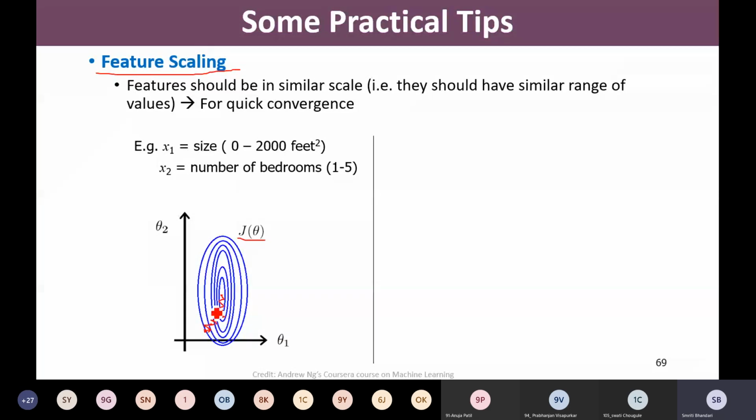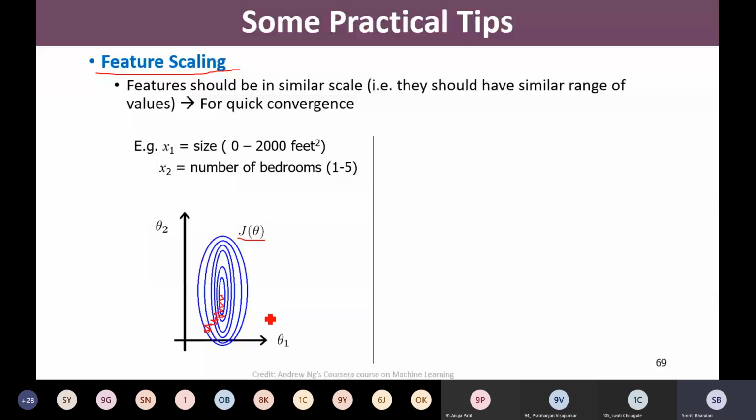With such a pattern, obviously the number of iterations required is large, so a large time is required for convergence in this case.